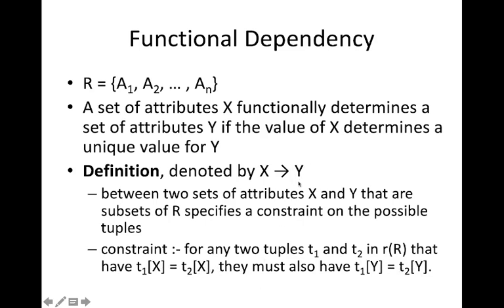Then we can say that Y is functionally dependent on X, or X functionally determines Y. Okay. So this is the condition: if any two rows or tuples exist in that state and their X values are the same, then their Y values should also be the same. Then we can say that Y is functionally dependent on X, or X functionally determines Y.